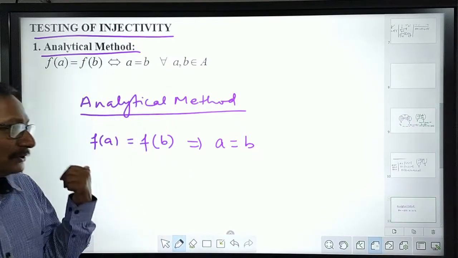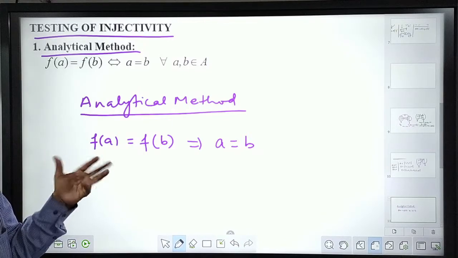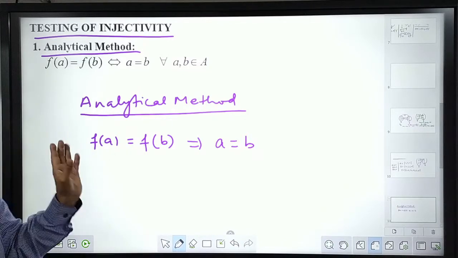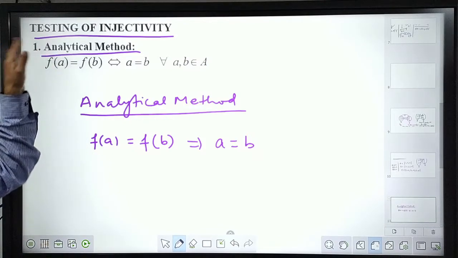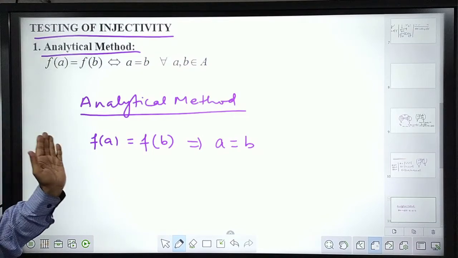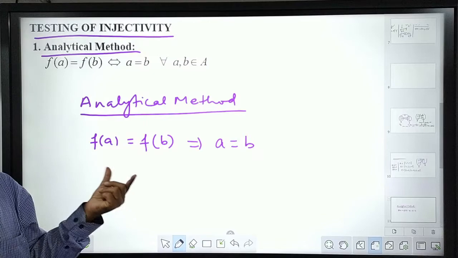If we want to check in this way, then this is our way of analyzing for the test of injectivity. What it implies must be understood by us.